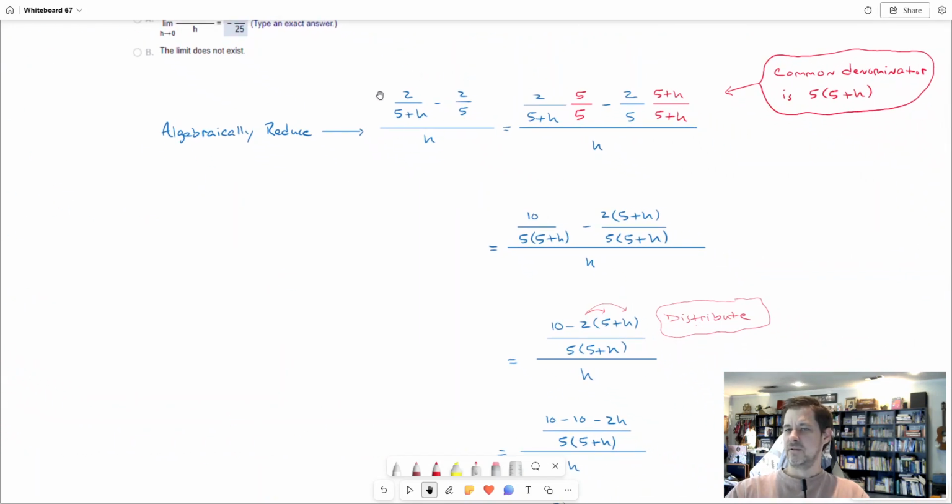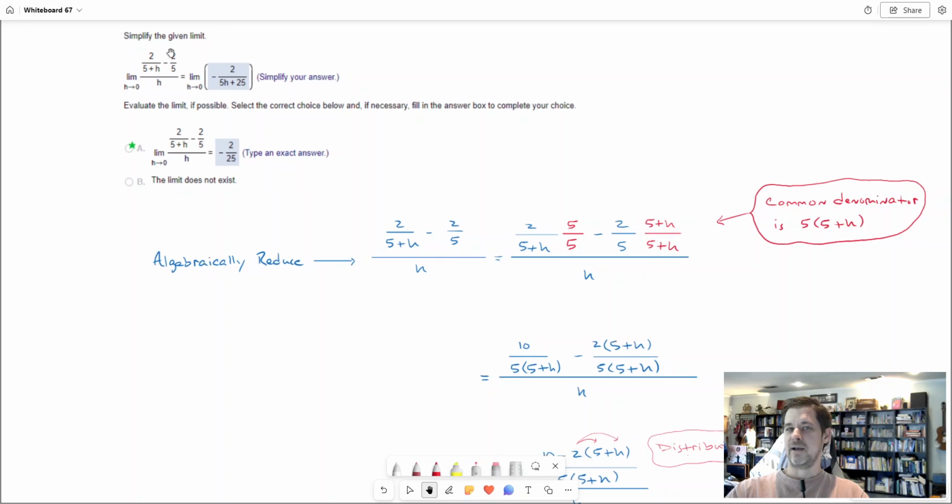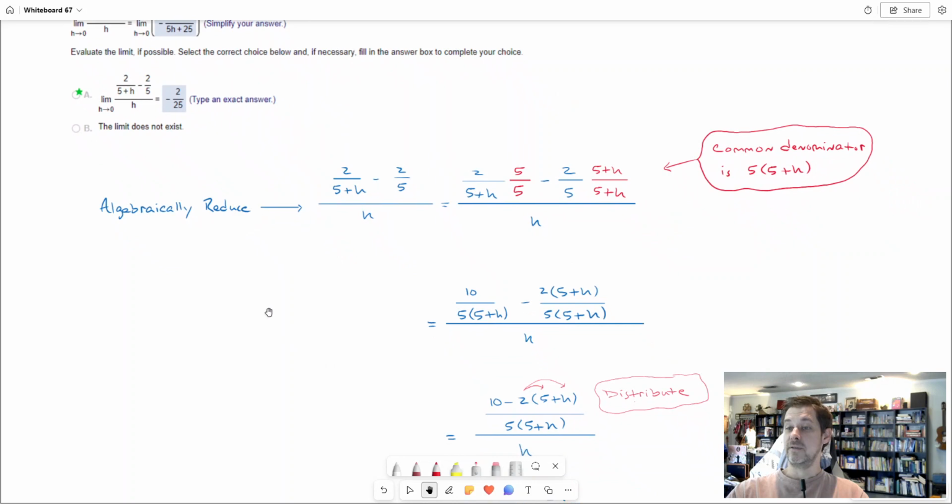So to reduce this function that I have to start with in my limit, I'll go about the same sequence of steps. I need to subtract these fractions, okay? And in order to do that, I need a common denominator, which is 5 times 5 plus h. In order to get that common denominator, I multiply this first fraction by 5 over 5, and then this one by 5 plus h over 5 plus h.